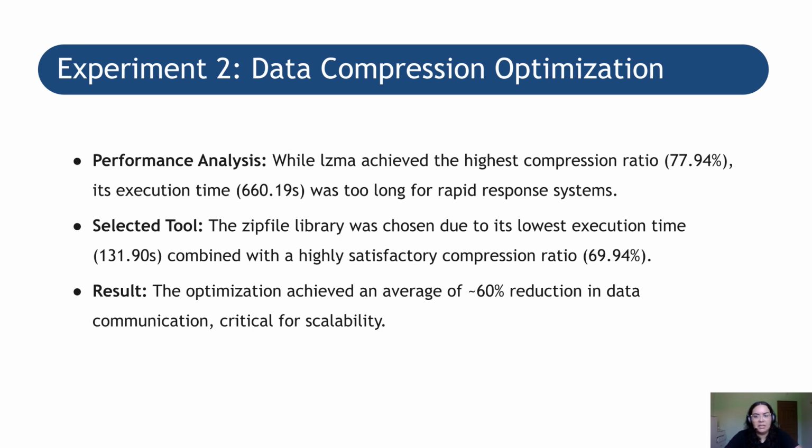This reduction is absolutely critical for system scalability. It dramatically decreases network bandwidth consumption, transmission time, and storage requirements on the service side. Without this compression optimization, our architecture would not be viable for real-world enterprise deployments.